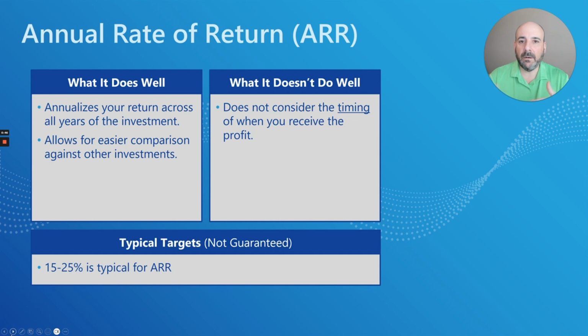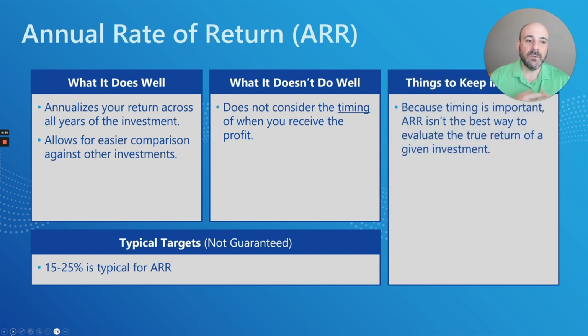Typical ARRs that I see are between 15-25%, depending on the type of investment. And one thing to keep in mind is that because timing is important, this really is not the only way that you should be looking at a real estate investment, just through this lens. That's why there are multiple metrics to be able to look at these holistically.